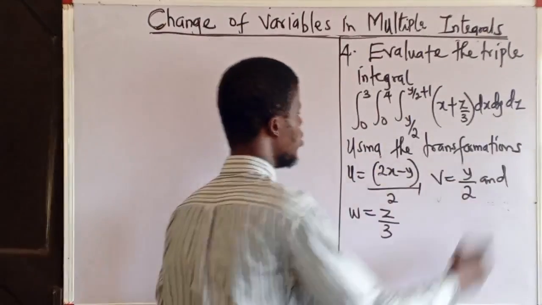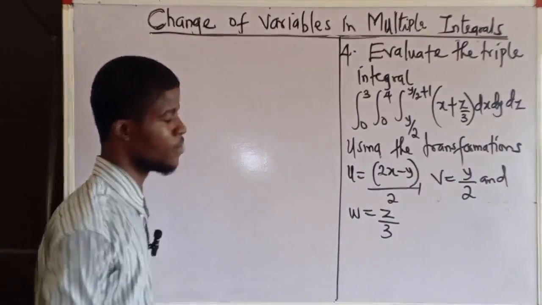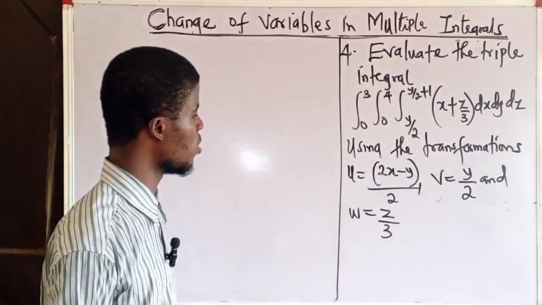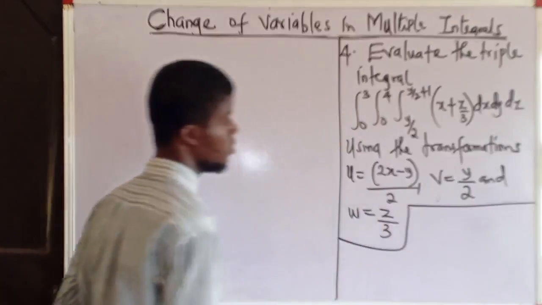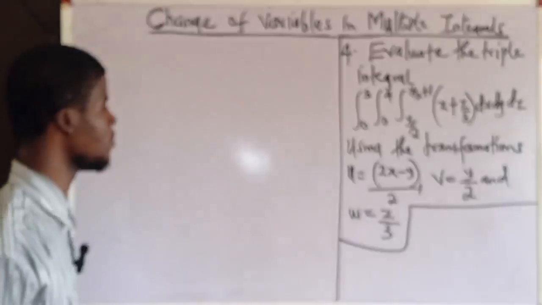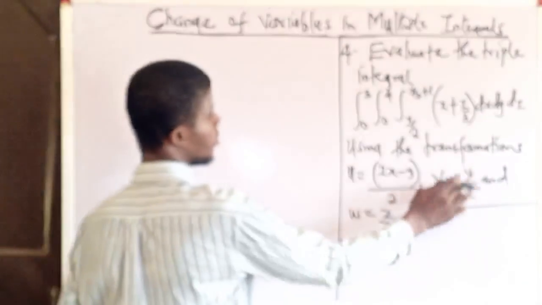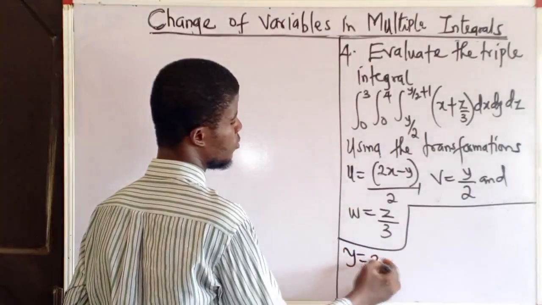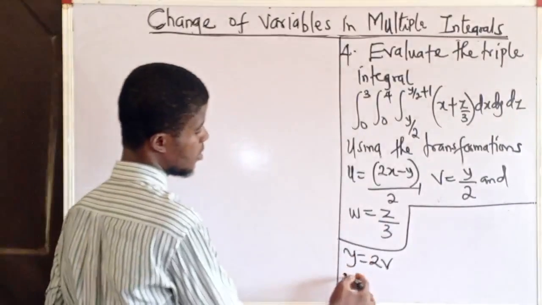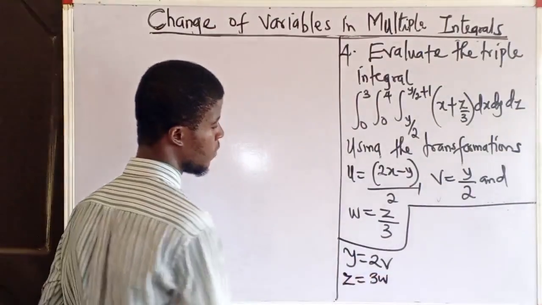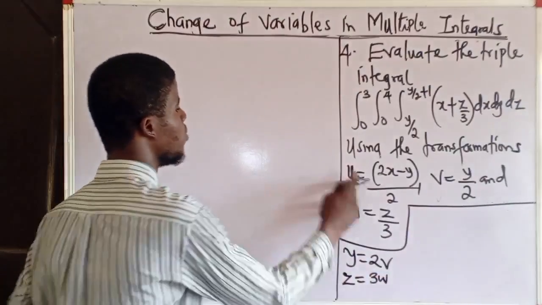Evaluate the triple integral using the transformations. Okay, u equal to 2x minus y over 2, v equal to y over 2, and w equal to z over 3. First of all, let's make x, y, and z the subject of the formula. From here, y is equal to 2v if you cross multiply. From here, z is equal to 3w if you cross multiply. Let's see what happens here.